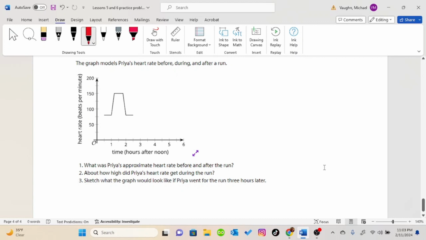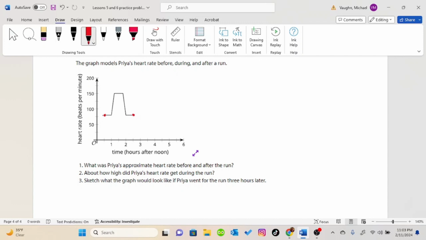This is the last question in our practice problems for lessons 5 and 6. The graph models Priya's heart rate before, during, and after a run. Number 1. What was Priya's approximate heart rate before and after the run? To find that, we're going to look at the beginning point and the ending point.